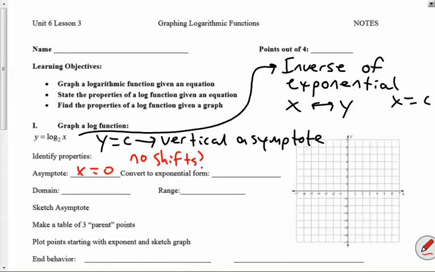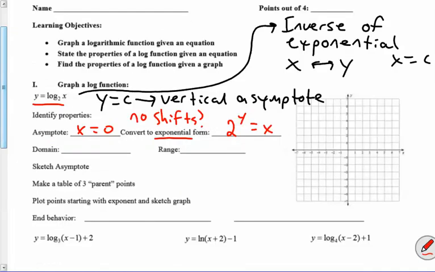All right? So to do the rest of this graph, we want to convert this to exponential form. Not find the inverse, just convert to exponential form. So what we do is we say 2 to the y equals x for this function right here. For any parent function, the domain is now determined by where the asymptote is.